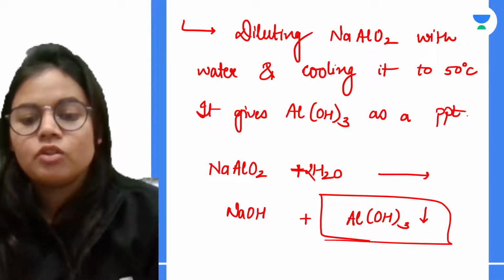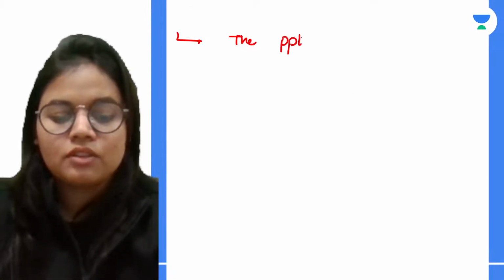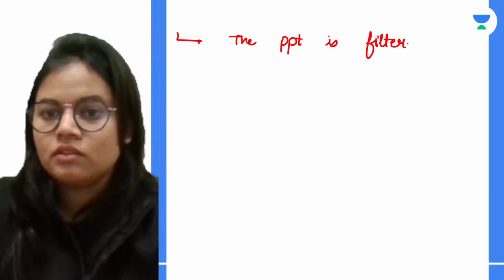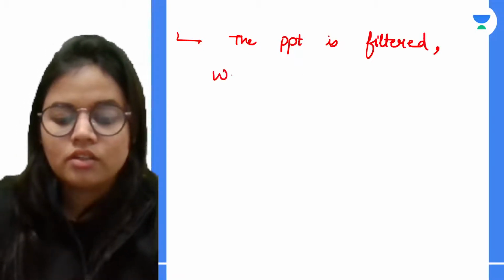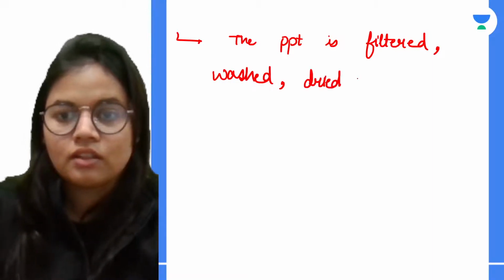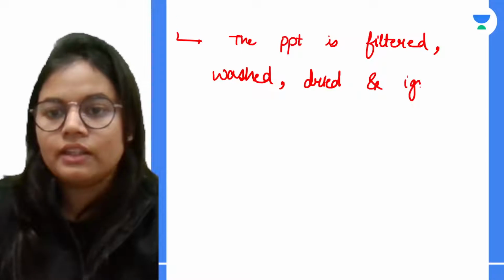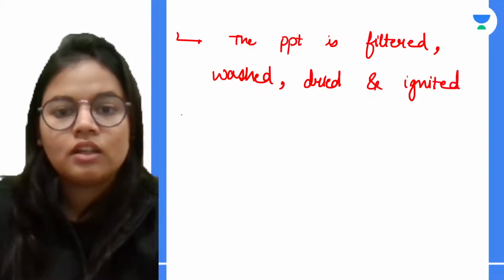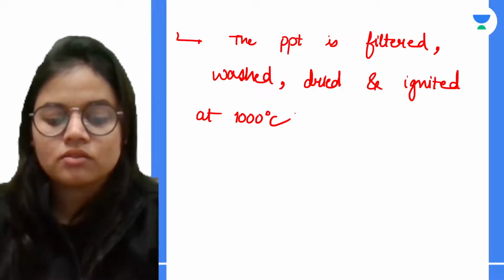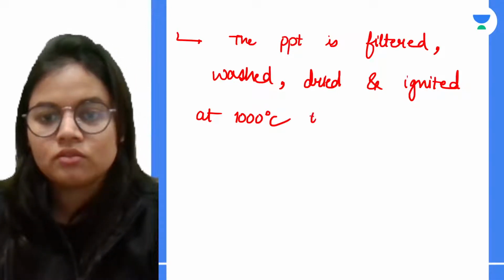Next step, what are we doing? We are taking this precipitate. We are first of all filtering it, washing it, drying it, and then igniting at 1000 degrees Celsius. What do we get from it?